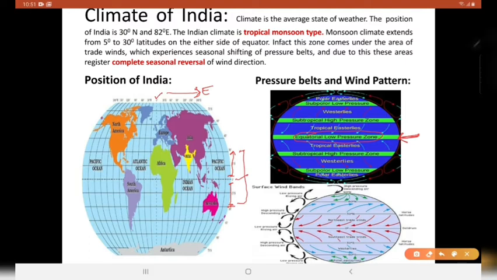You can see here, this is the subtropical high pressure zone in the northern hemisphere, this is the subtropical high pressure zone in the southern hemisphere. These zones are present at 30 degrees north and 30 degrees south. These are also known as horse latitudes.